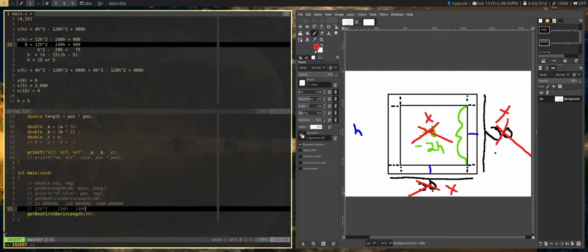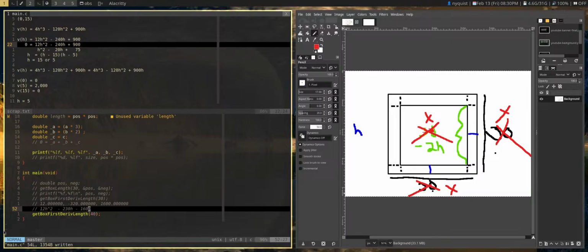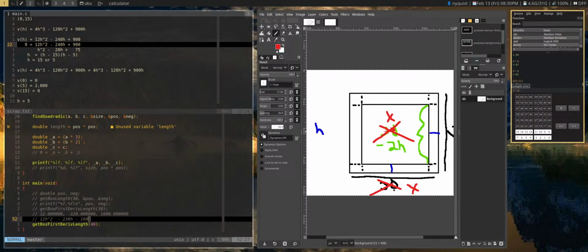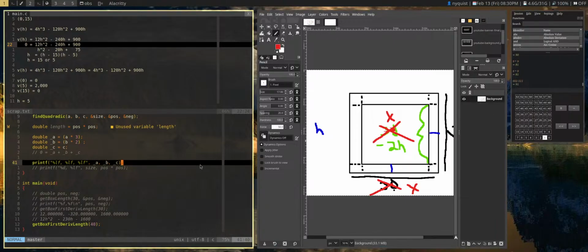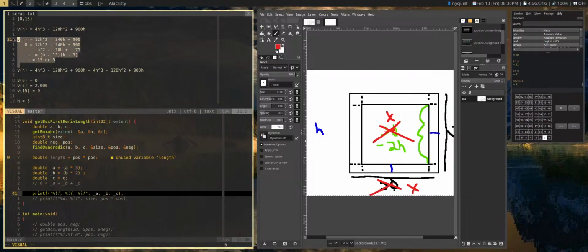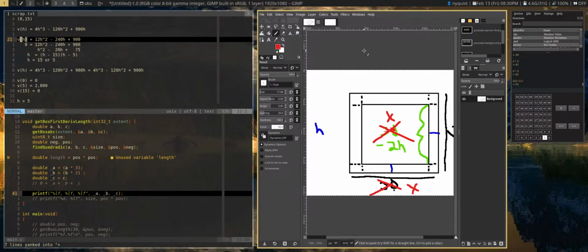Because I'm pretty sure these numbers are... Yeah, it's definitely not.